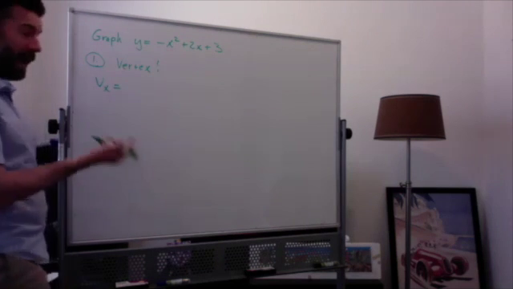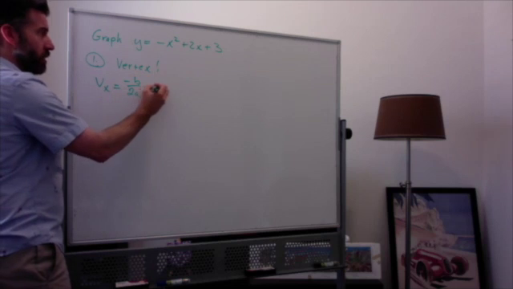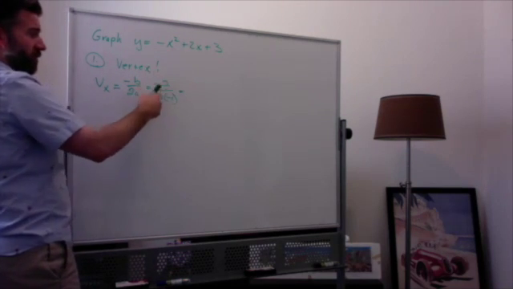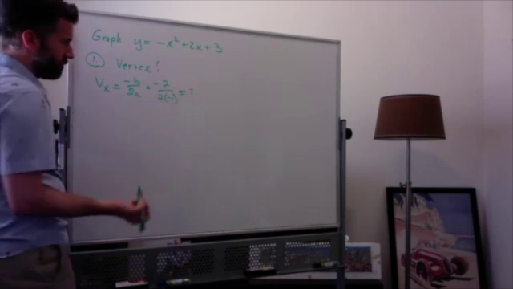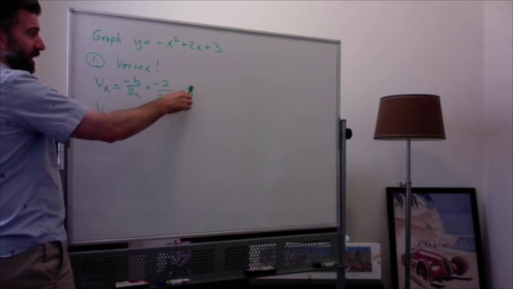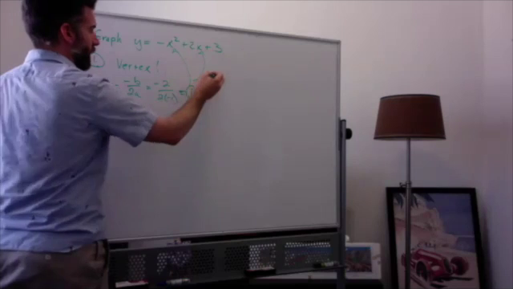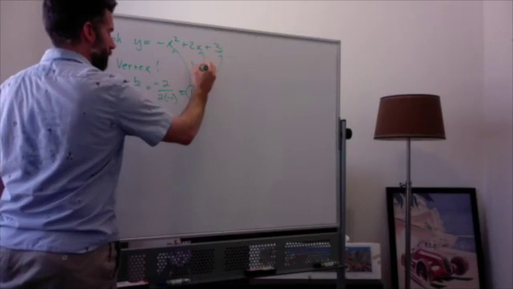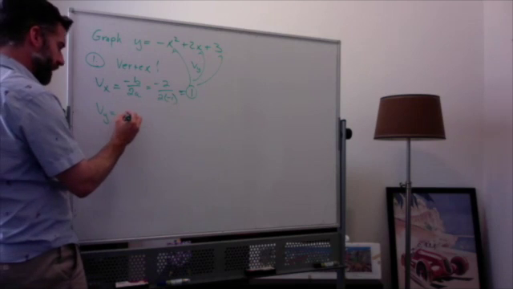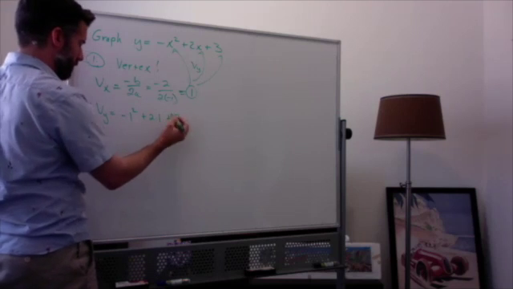So the x coordinate of the vertex is going to be -b over 2a, which is -2 over 2 times -1. And -2 divided by -2 is just +1. The y coordinate, you're just going to plug that in, right? So plugging this in for x, that's how we get your v sub y. So we're going to be extra careful here. I've got -1 squared plus 2 times 1 plus 3.